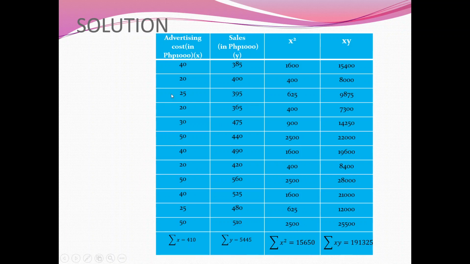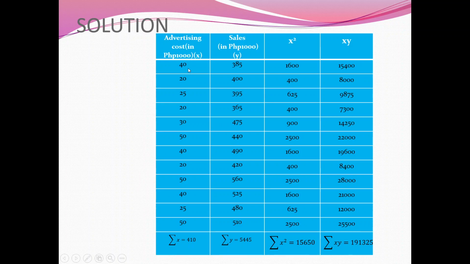Since we have to look for the equivalent sales for the advertising cost, it is understood that the y here is the sales, and the advertising cost will be the x.